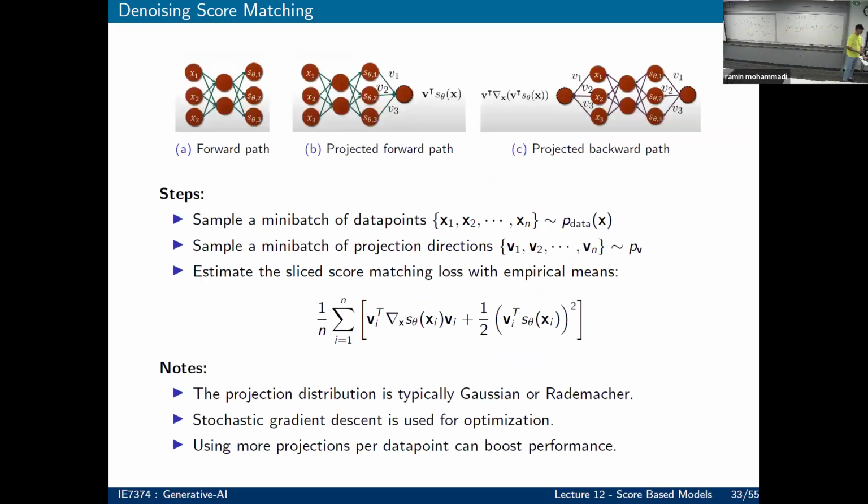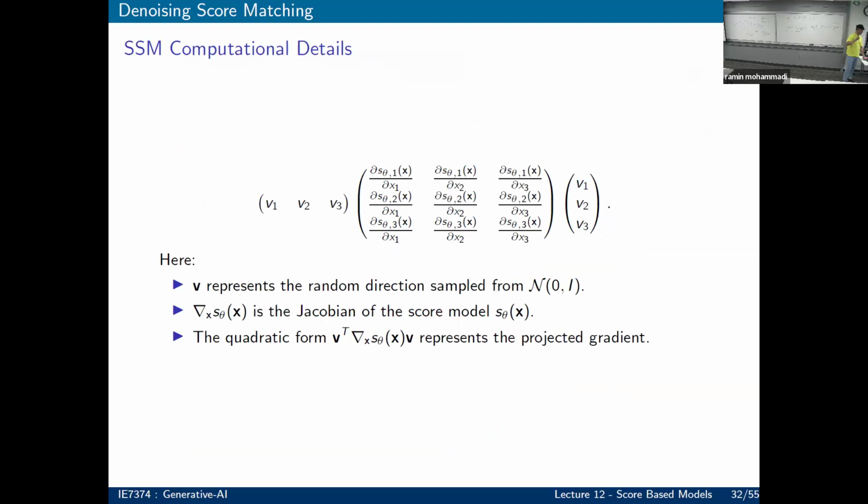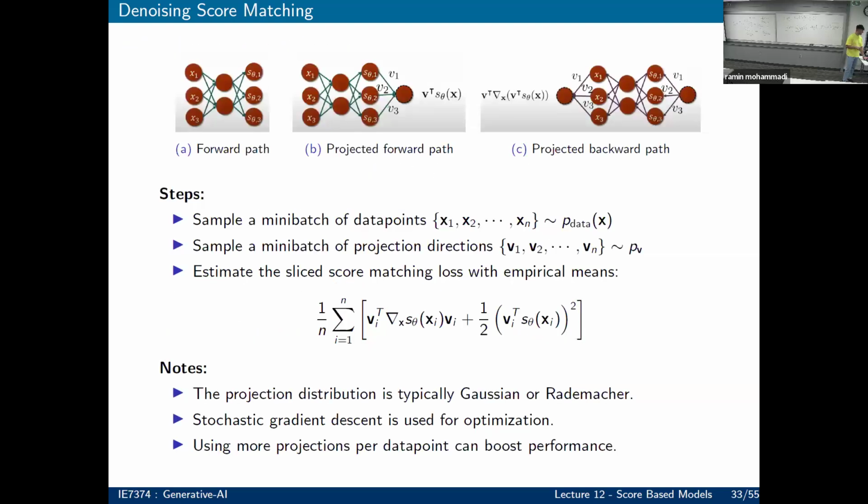So what we do, if we multiply it by 2 projections, what you see in the forward pass after projection becomes something like this. And if you again add another V, it looks like this. We don't want to go deep into why it will look like that, but it will change your structure after projection to a different structure.